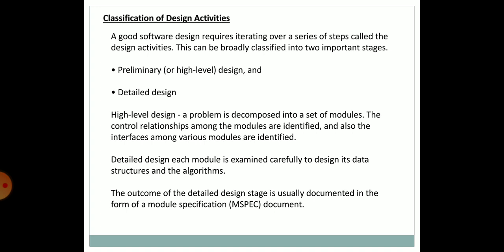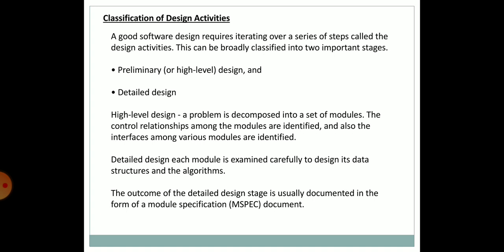A design document is produced by iterating a series of steps, and these are called design activities. Depending on the order in which various design activities are performed, we can classify these activities into two important stages.